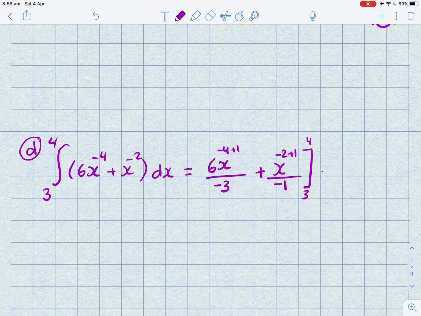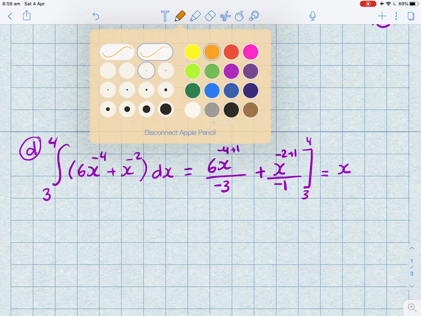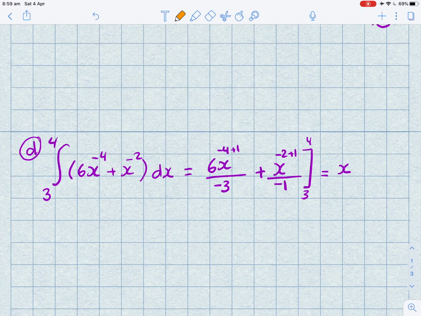And this basically is going to be x to the power, so we cancel down the 3 here with 6, so we get 2. And don't forget about this minus here we have.